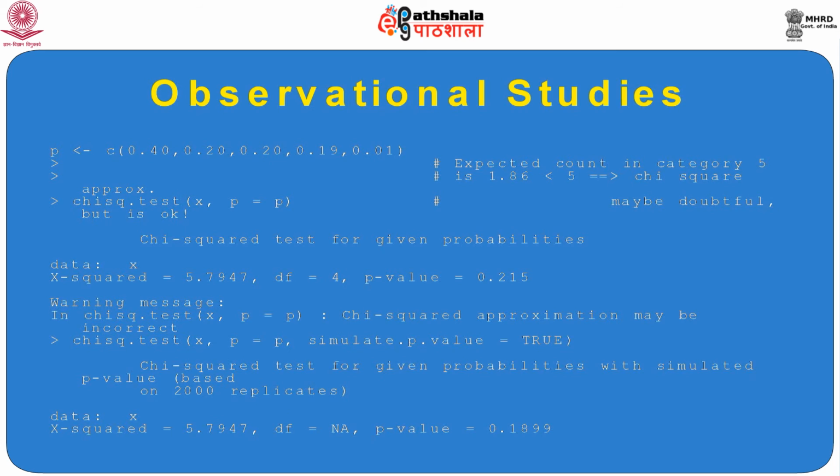As a result we get p-value equals 0.1899 with chi-square value 5.7947. By default, if you don't mention the number of replicates, 2000 is considered. So this message also comes here: chi-square test for given probabilities with simulated p-value based on 2000 replicates.